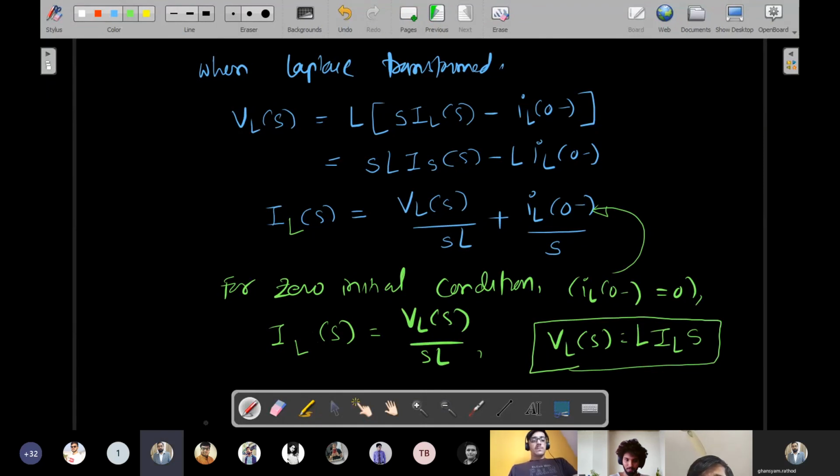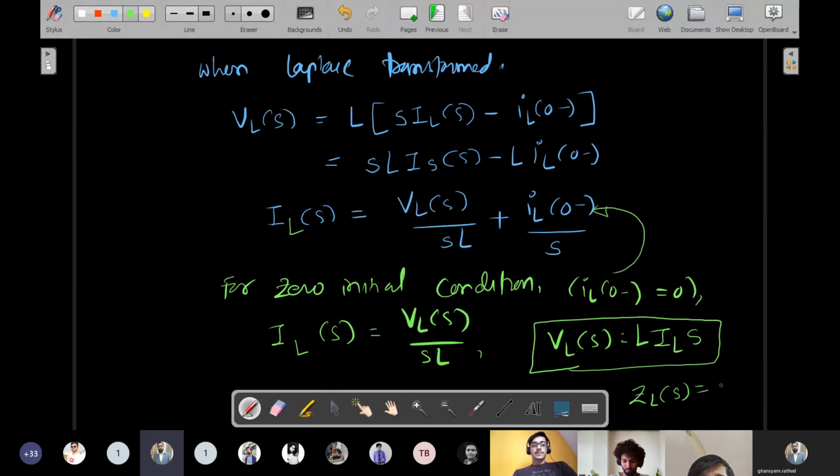The impedance of the inductor can be represented as ZL of S. It is very easy.